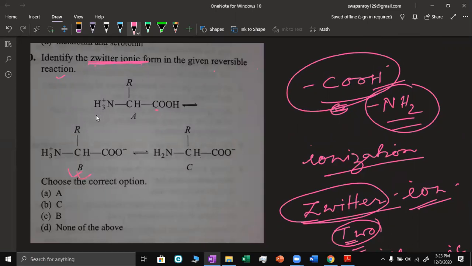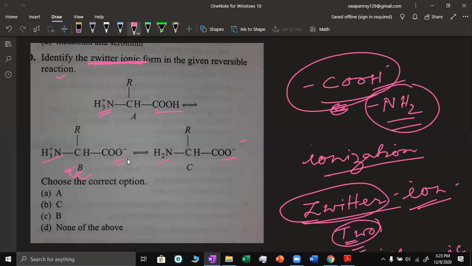See here, only the amino group has undergone ionization to a positive ion, but the other group is neutral. Here the amino group is normal, and the carboxyl group has a negative ion, it has changed. But in this B form, the amino group has formed a positive ion, and the carboxyl group has formed a negative ion.